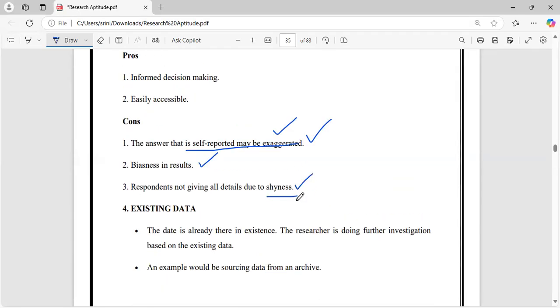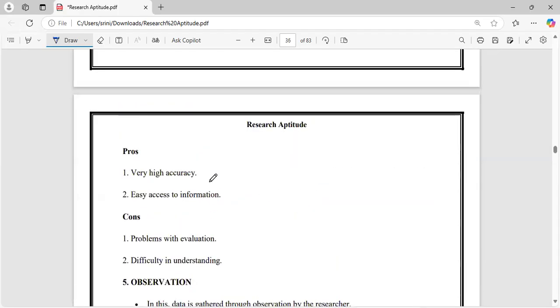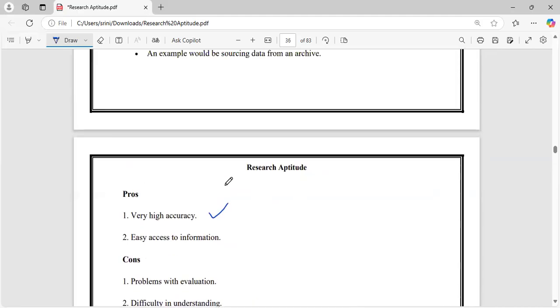With existing data, we have advantages such as very high accuracy, which means the researcher has already dealt with the completeness, incompleteness, and inconsistency in the data. Whenever we collect data, we have to clean and transform the data for processing.